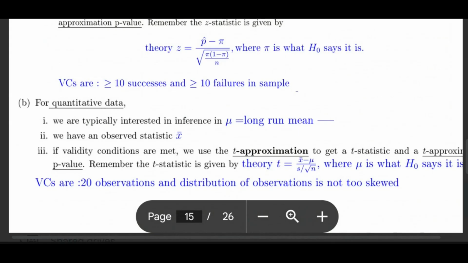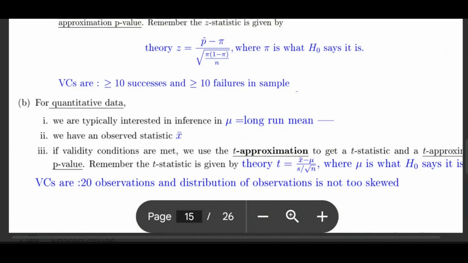Both of these are statistics because they come from a sample. And the population counterparts, not the same thing, are pi and mu. So four symbols, don't mix them up.